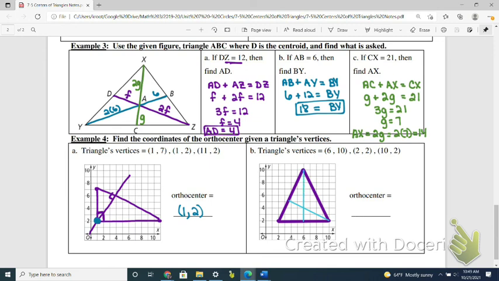Perpendicular lines connecting each one to the opposite. So my orthocenter is right here. So it is the point 6, 4.